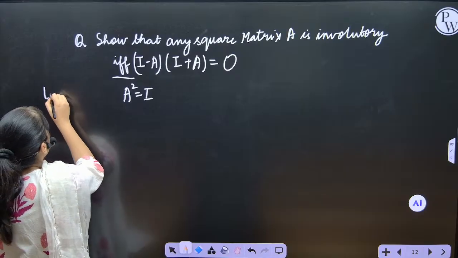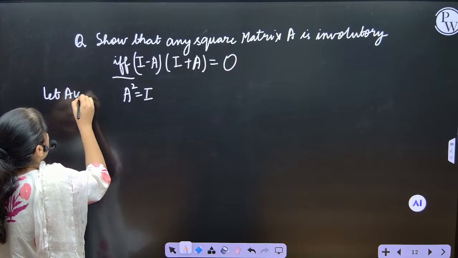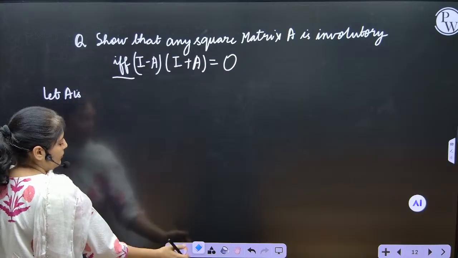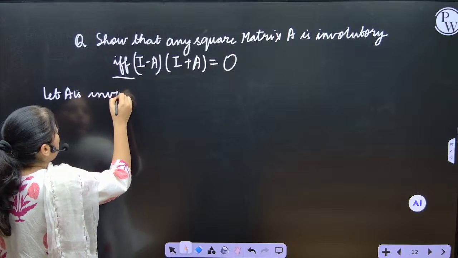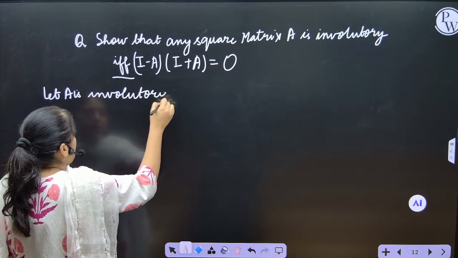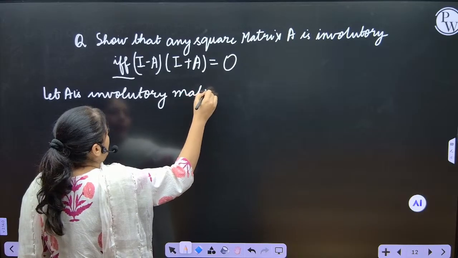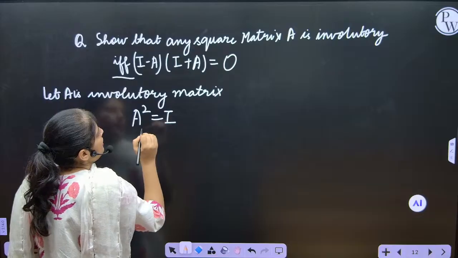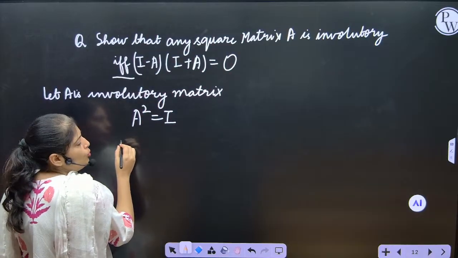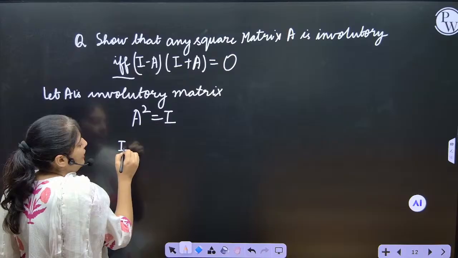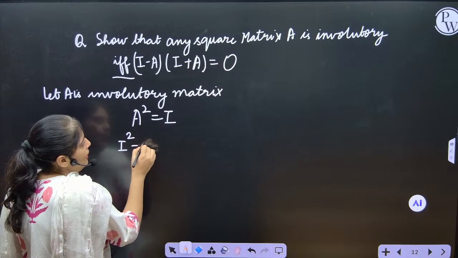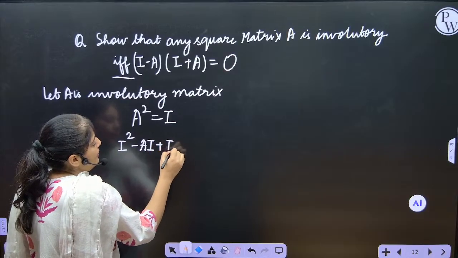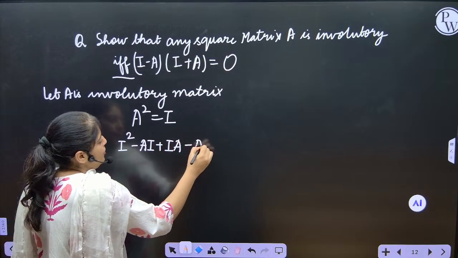I'm starting. Let A be an involutory matrix, then A square is identity. Multiply these two matrices, what will it become? I into I is I square, A into I is A, plus I into A, minus A into A is A square.